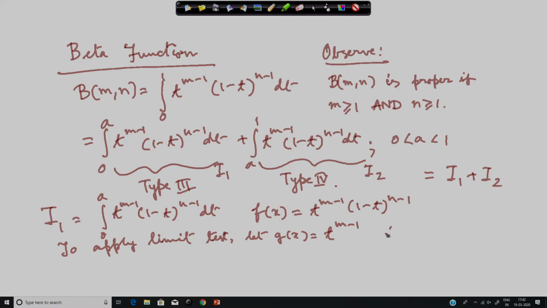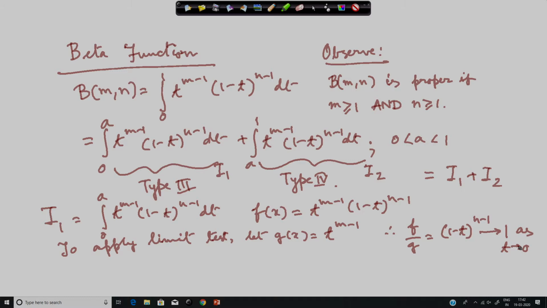Then f by g is 1 minus t to the power n minus 1, which tends to simply 1 as t tends to 0. Therefore, again the limit is finite and non-zero.